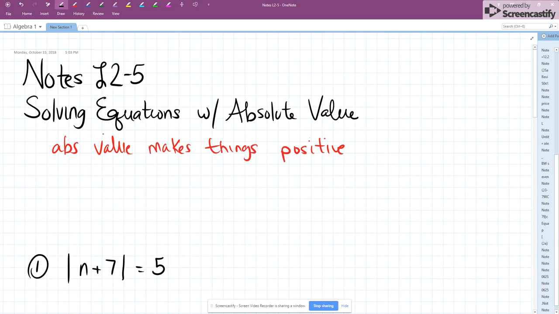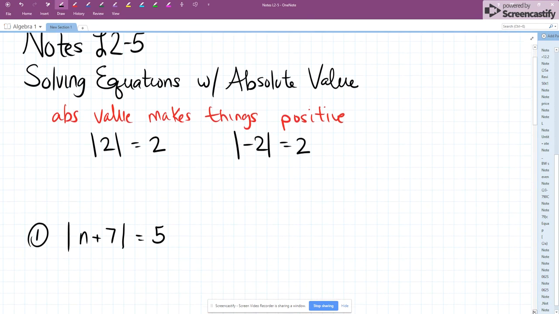So you get something like the absolute value of 2 equals 2, and the absolute value of -2 also equals 2. Today, we're going to be solving instead.